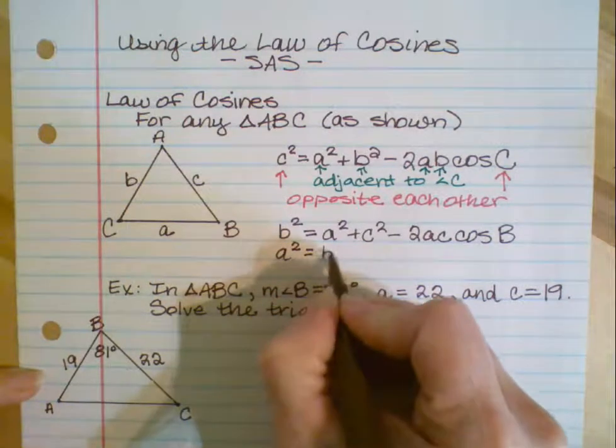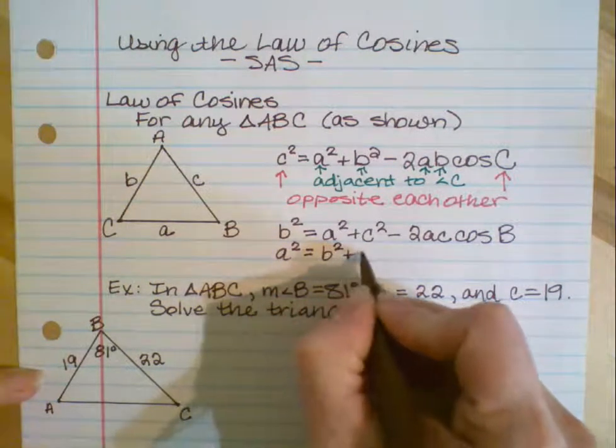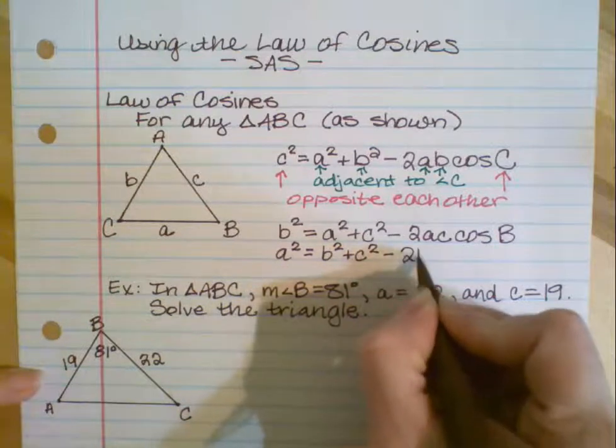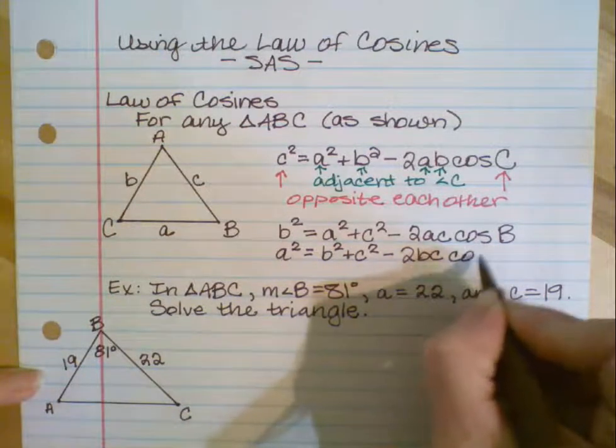And we have the sum of the other two sides squared, so B squared plus C squared minus 2BC cosine of angle A.